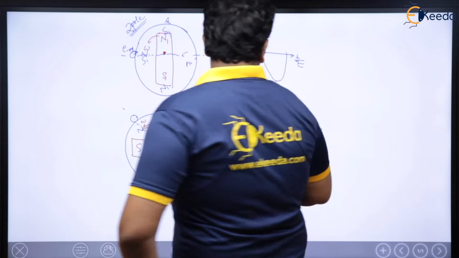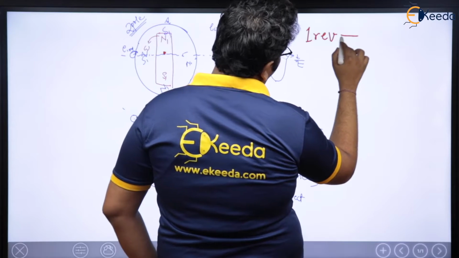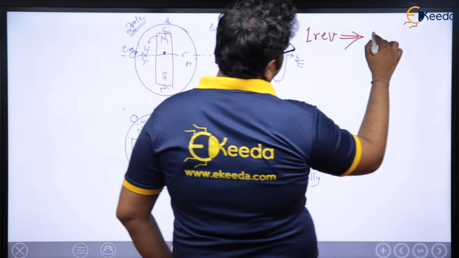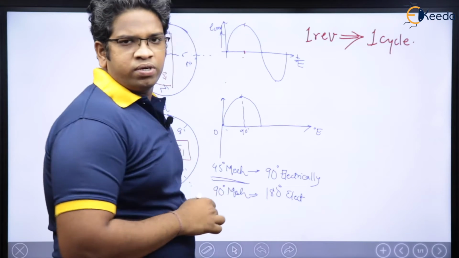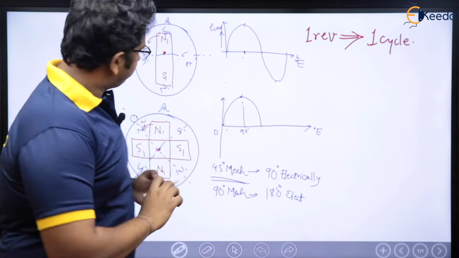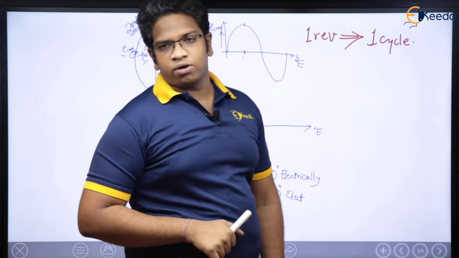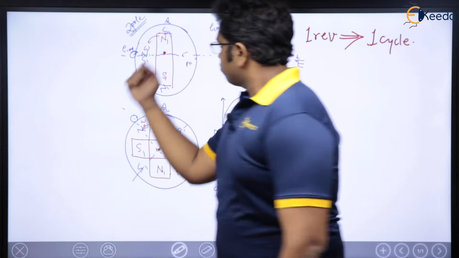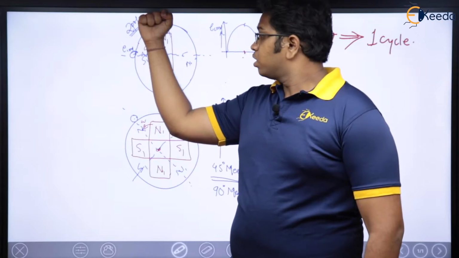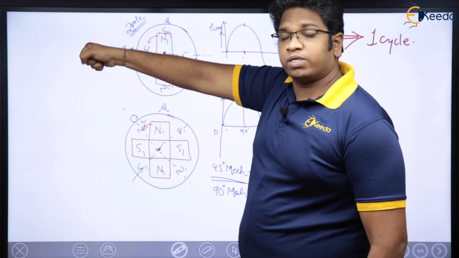Which means mechanically if I rotate one revolution, I am going to get how much? One cycle of induced voltage. Mechanically if I rotate this once total, then I will get one cycle of induced voltage, right? Because as of now it is going to be 0. After 90 degrees, positive maximum induced voltage.